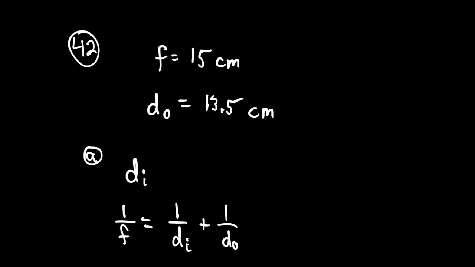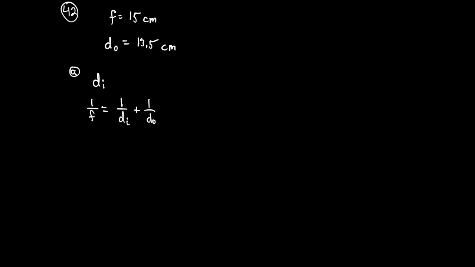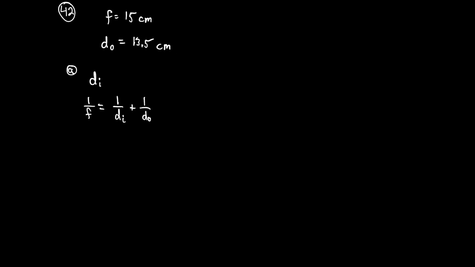The thin lens equation. So I can plug in my variables: 1 over 15 for my focal length equals 1 over DI plus 1 over 13.5.